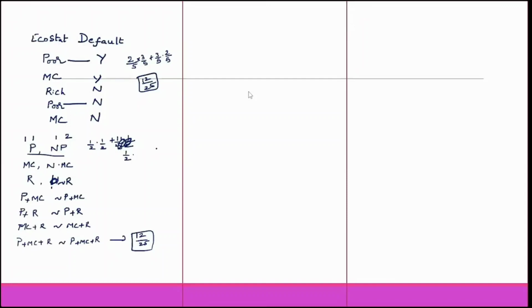And in the non-poor group, we'll get 1 by 3 into 2 by 3 plus 2 by 3 into 1 by 3, which is 4 by 9.